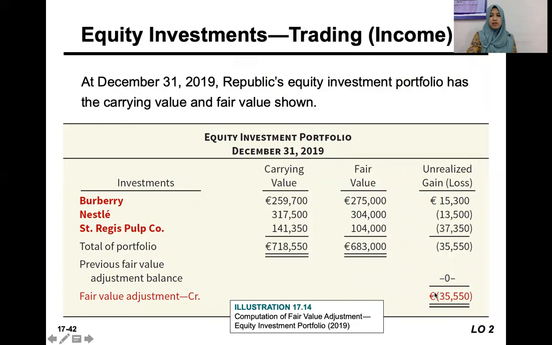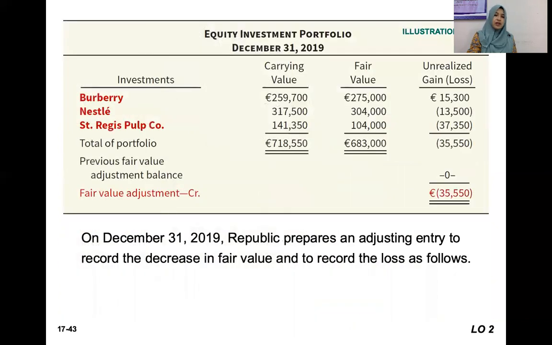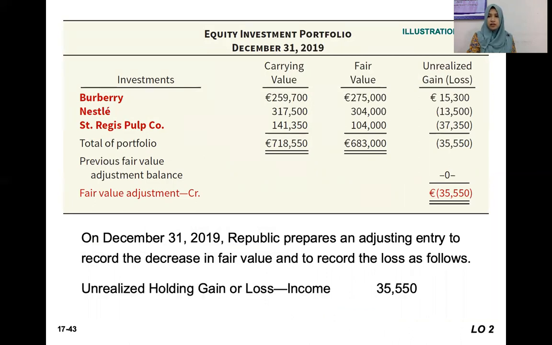If it is in brackets, it means there is an unrealized loss. We record that unrealized fair value adjustment in the income statement as debit unrealized holding gain or loss, and credit fair value adjustment.